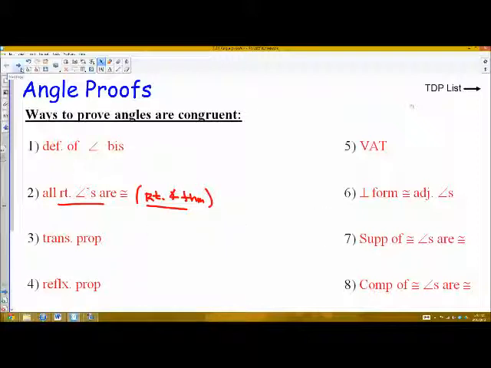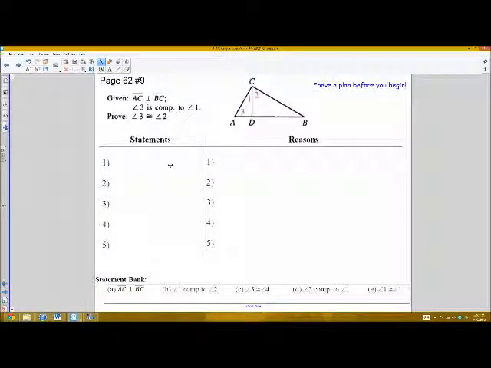So let's look at an example and see how these reasons could be used in an actual proof. Here's an example of an angle proof, which can be found on page 62, number 9 of your textbook. I've given you a statement bank. All of the statements that are going to go into this proof are given to you, they're just not in the correct order.